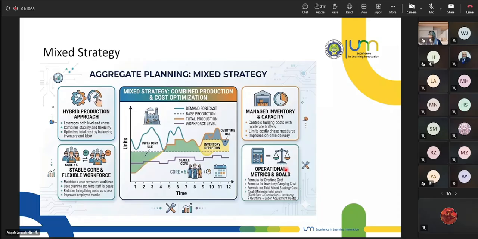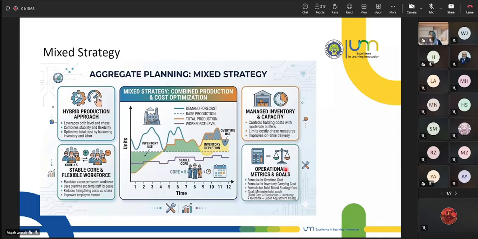We have to collect demand forecasting. So we make the demand forecasting based on the historical data from the sales and marketing department of the company. And then we try to calculate the cycle time. At that time we did an observation to measure the cycle time of this product.